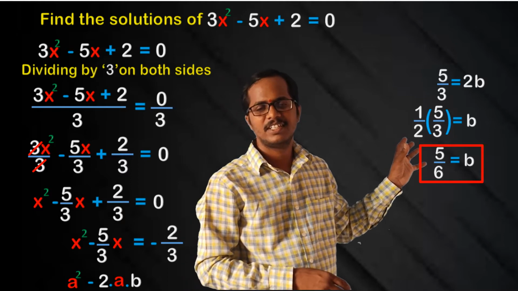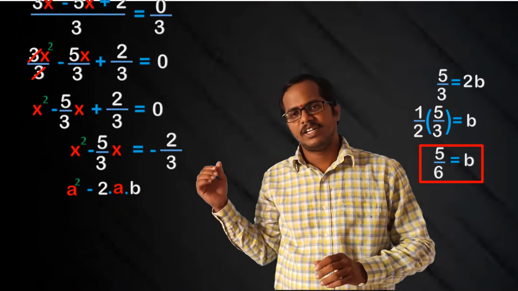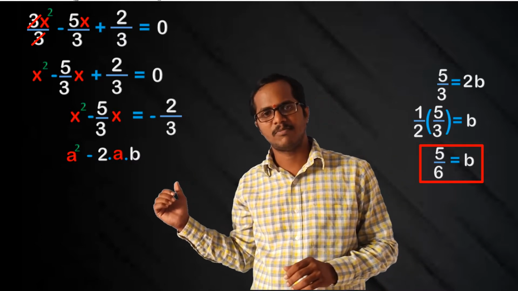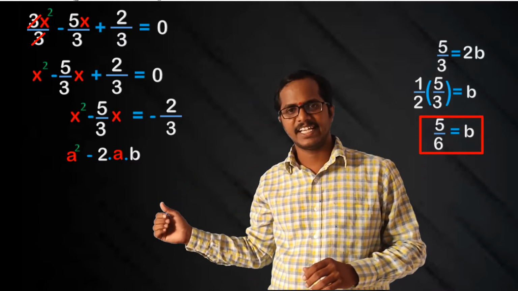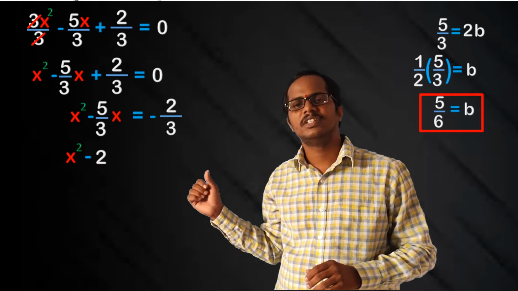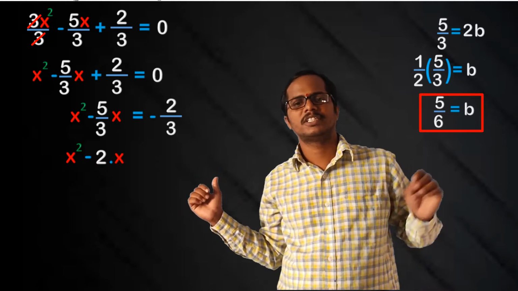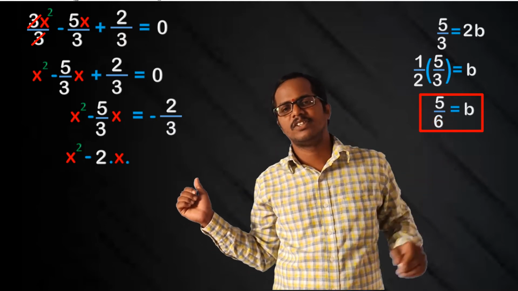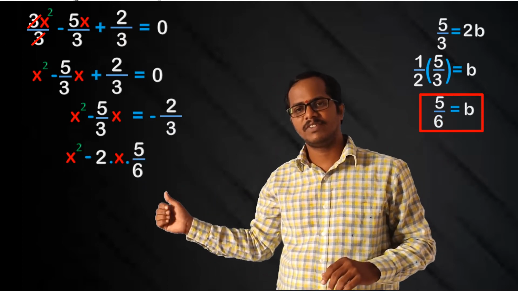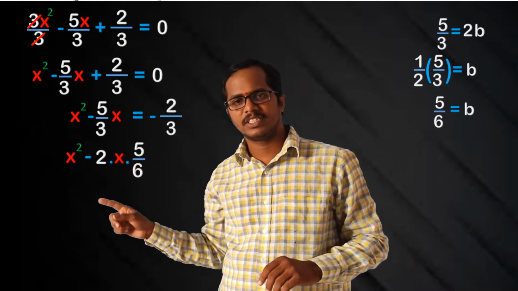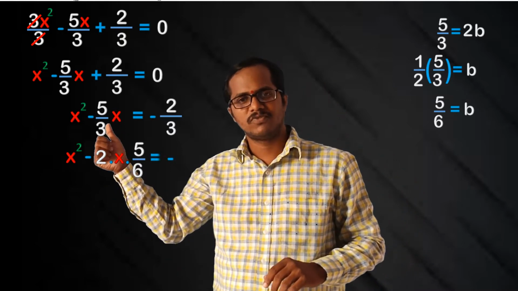That means, in this place, if you want to write this 5 by 3x in the form of 2ab, we can write it as 2 into a, in the place of a we can write x, into b, in the place of b we can write this 5 by 6. So into 5 by 6. So if you see what we get, 2 into x into 5 by 6, which is equals to 5 by 3x.